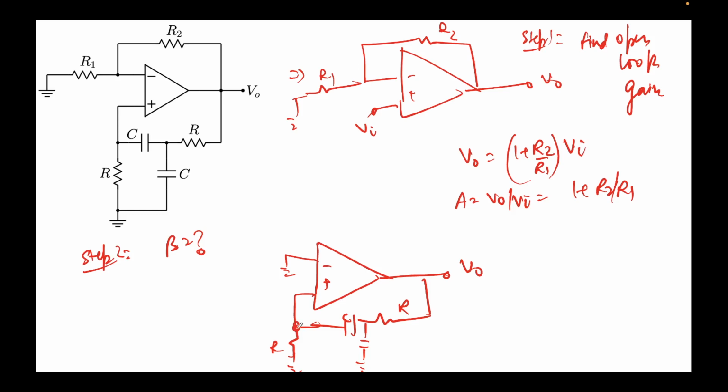This node I'm calling V plus, and this node let's call V1. Essentially beta, which is nothing but V0 by V plus, is what I'm interested in finding. So let's do that.